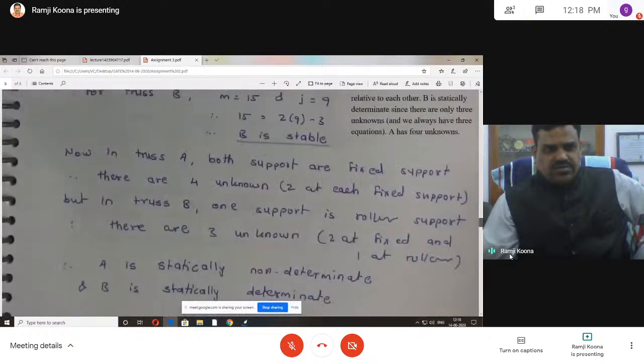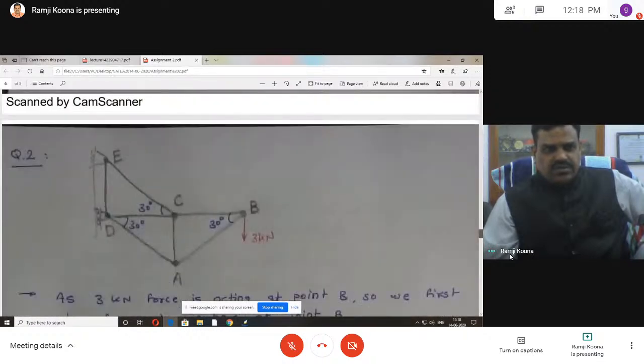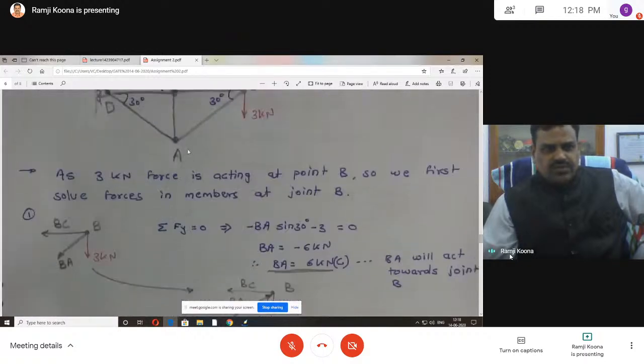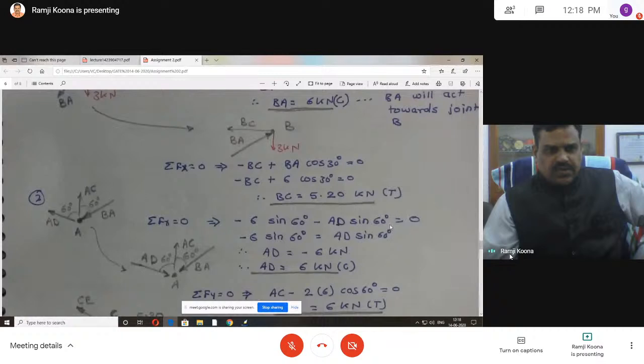Once you have joint B, then go to joint A. Force along this member, force along this member, force along this one: three forces. BA like this.